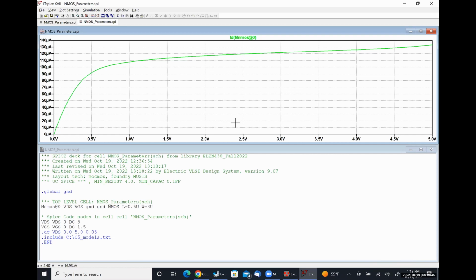Multiply that by 1 plus 0.25 times the absolute value of VDS, which is 1 volt. And so I get 140 microamps when VDS is 1. We're getting somewhere in the ballpark of 110.